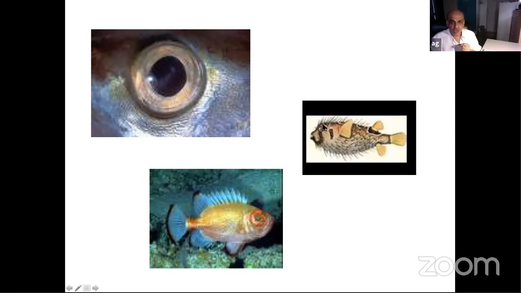The eyeball of the fish is located laterally over the head. So we had speculated that the eye movements are so big in the fish that the cavernous sinus not only controls the eye movement, but also takes part in swimming and balance.